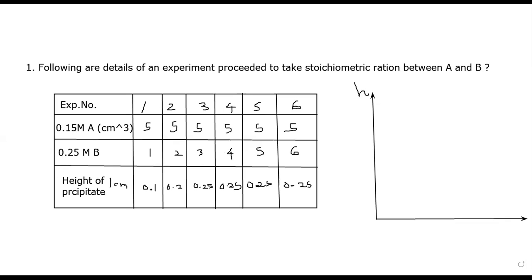Volume of B is varying. So let's take the volume of B as the x-axis. First experiment, second, third.